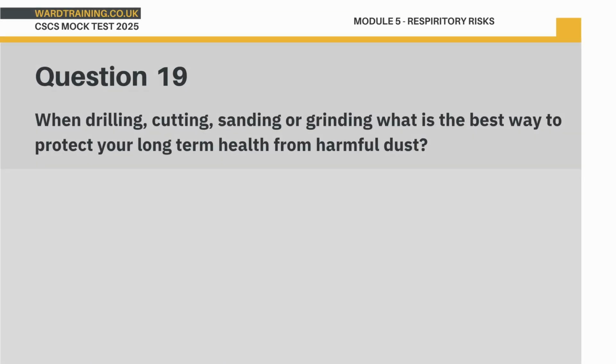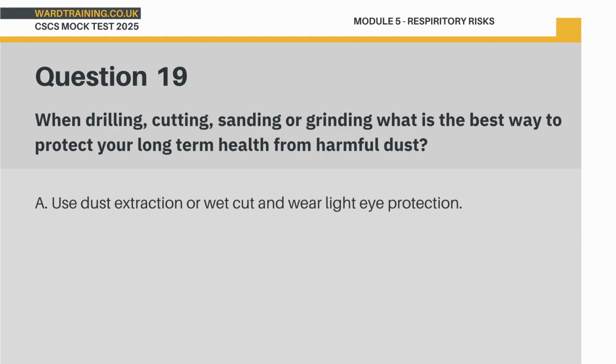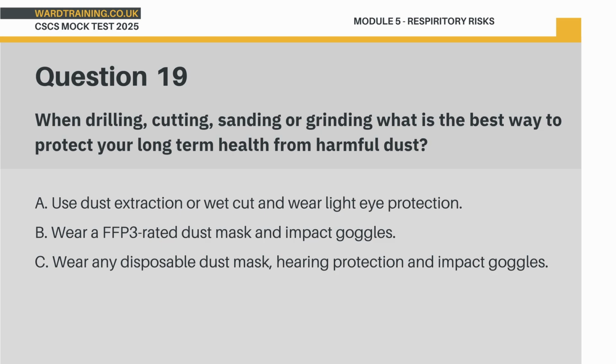Question 19. When drilling, cutting, sanding or grinding, what is the best way to protect your long-term health from harmful dust? A. Use dust extraction or wet cut and wear light eye protection. B. Wear a FFP3 rated dust mask and impact goggles. C. Wear any disposable dust mask, hearing protection and impact goggles.